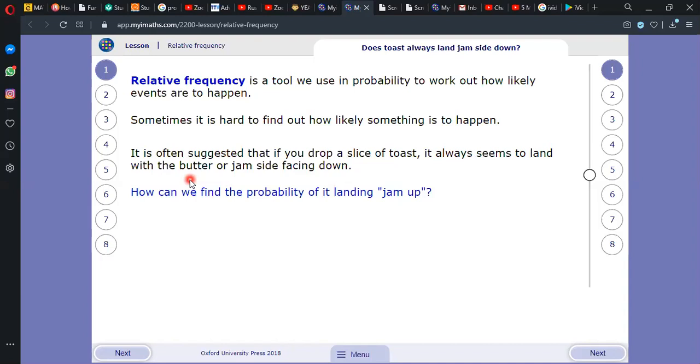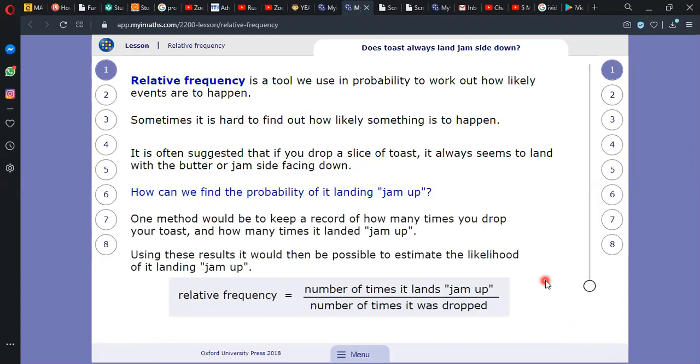That makes sense, because if you put butter or jam on a slice of bread, it makes that side of the toast heavier. So obviously, when you drop it, the butter side or the jam side is more likely to face down. But what about the jam side facing up? How can we find the probability of it landing jam up? And that is what we are looking at.